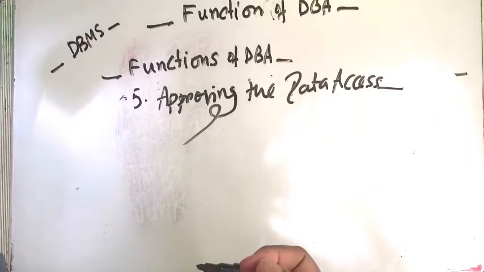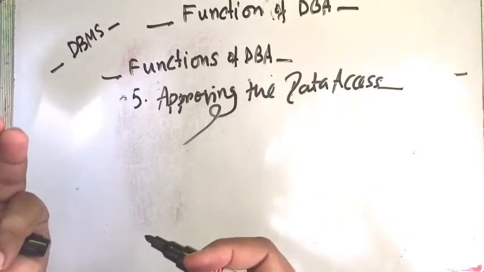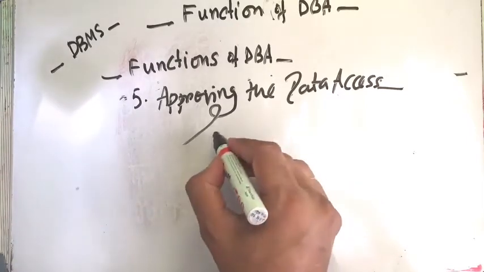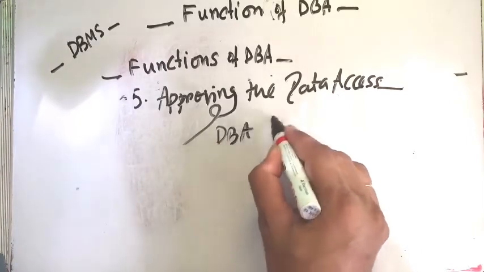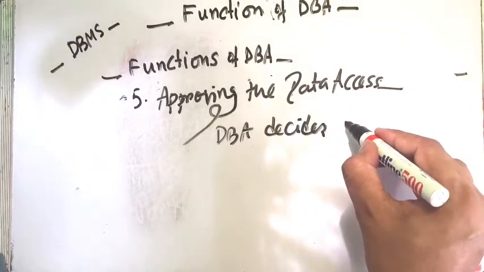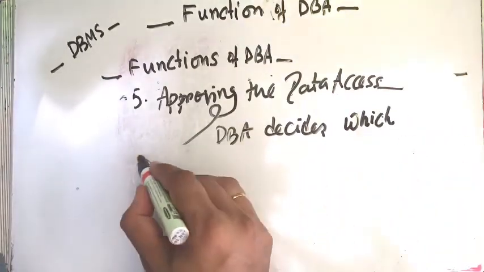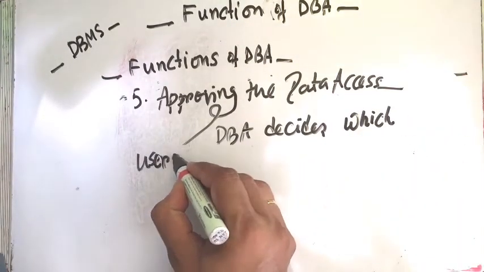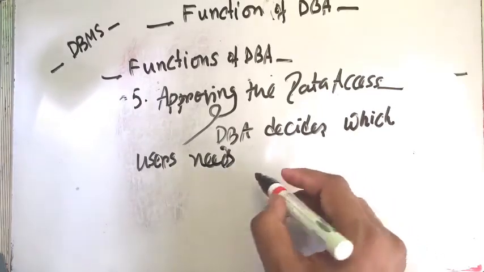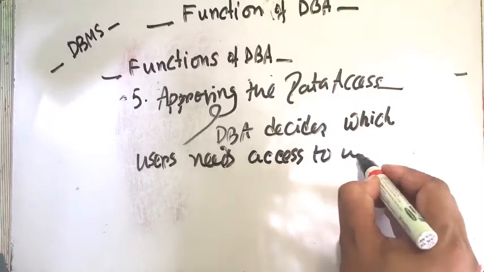Which user needs what access permissions are decided by DBA. So DBA decides which users need access to which part of the database.